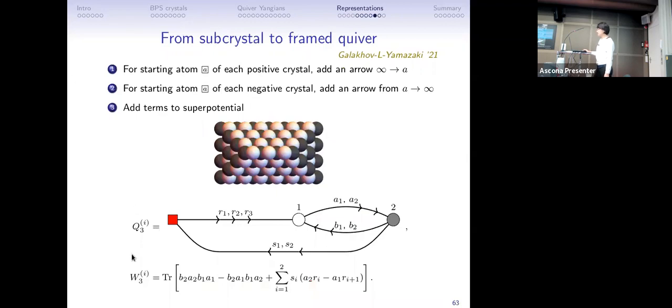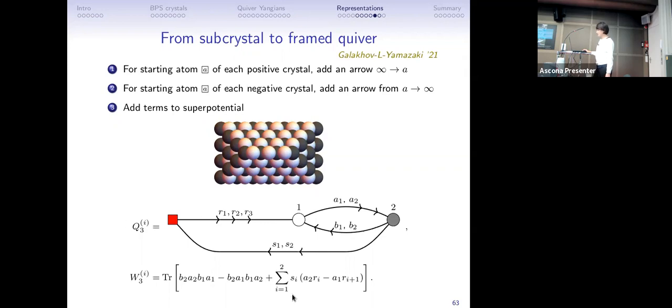For the quiver, the translation is that if you start from the subcrystal representation, to translate to the framed quiver, for each positive crystal you add an arrow from the framing node to whatever color this positive crystal is, and then an arrow from the node back to the framing node for the negative crystal.